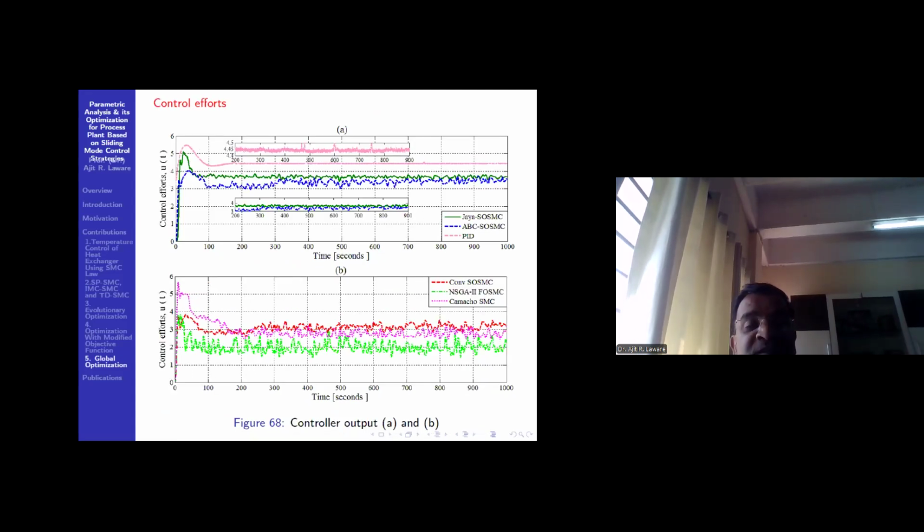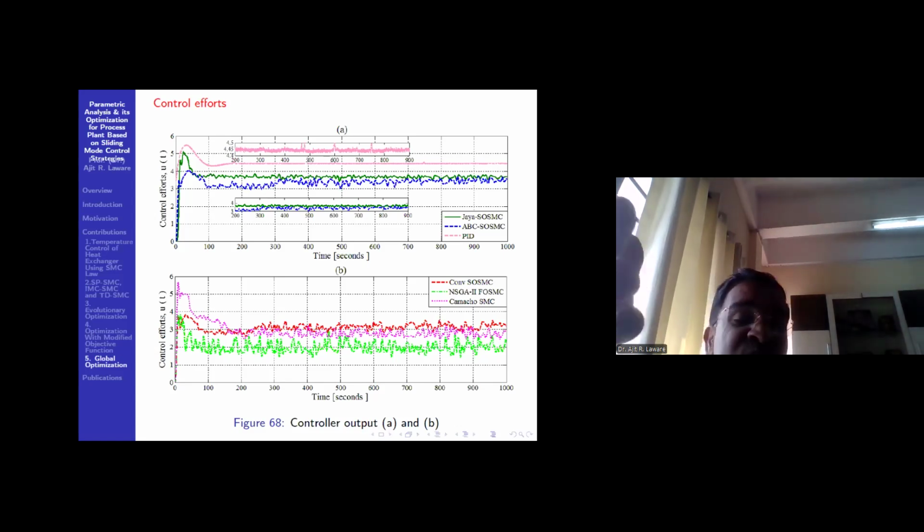So in the first lecture, Dr. Raja told that variations in the PID controller are less than in the sliding mode controller. My dear participants, I do not agree with this, because if you observe, the pink color is the variation in the PID controller, whereas the green color and blue color are the variations in Jaya and ABC, meaning based on SMC variants actually.